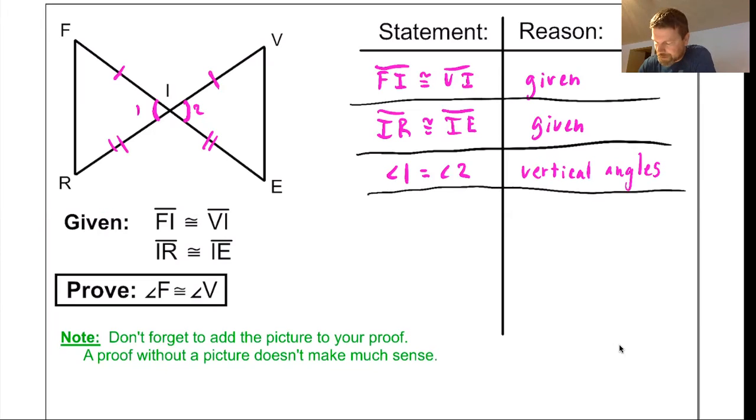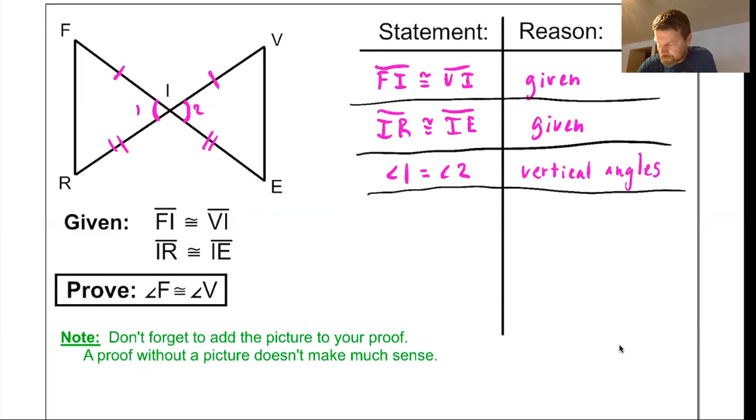All right, now I've listed a side, I've listed an angle, I've listed a side. And yeah, it's not in the same order here, but that's okay. I can see in the picture that I'm going to have a side and then an angle and a side. It's definitely the side angle side shortcut.